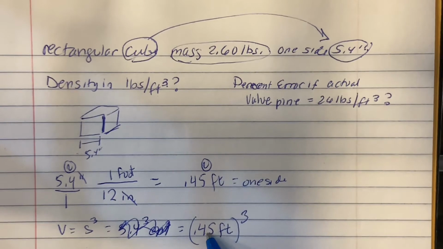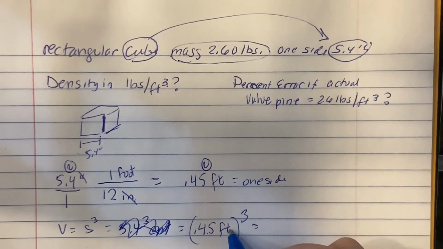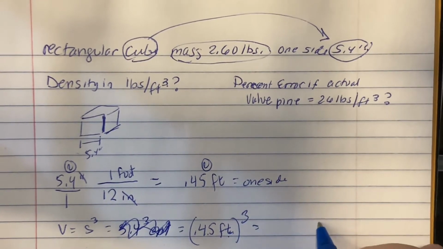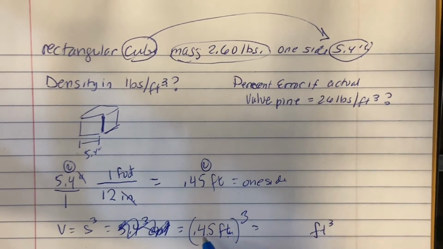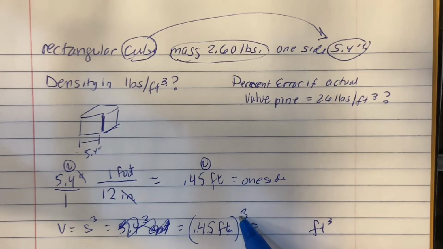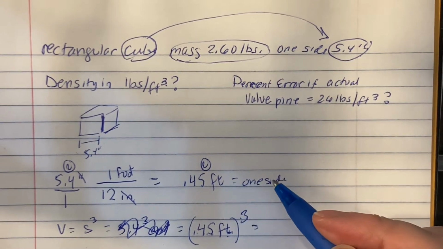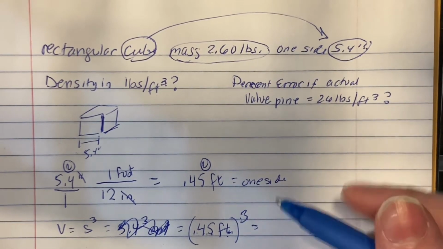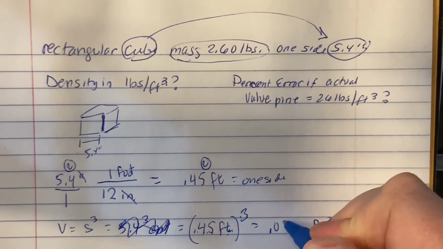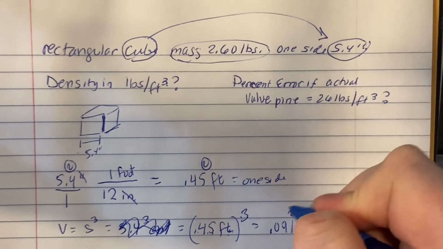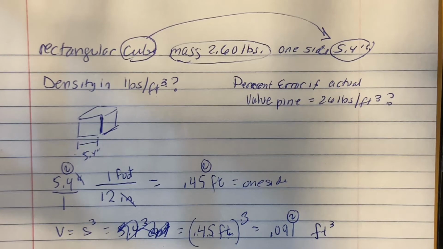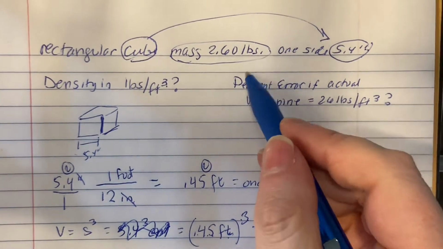So I'm cubing the number and the units. Feet times feet times feet is feet cubed, or cubic feet. 0.45 times 0.45 times 0.45 is going to be 0.091, 2 sig figs. So now I have a volume and I have a mass.